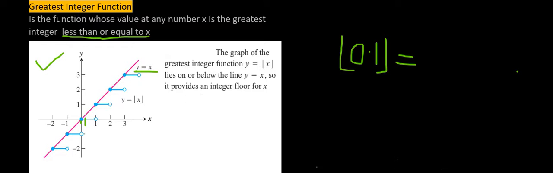So all the values, suppose we have 3.5 over here, and again we use the symbol of greatest integer function.